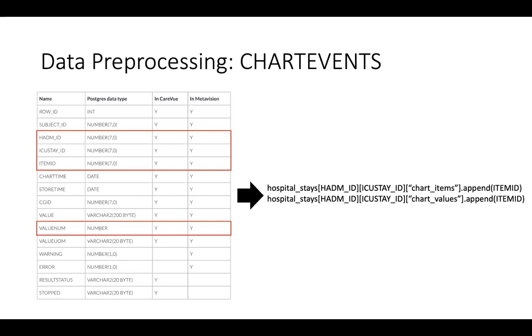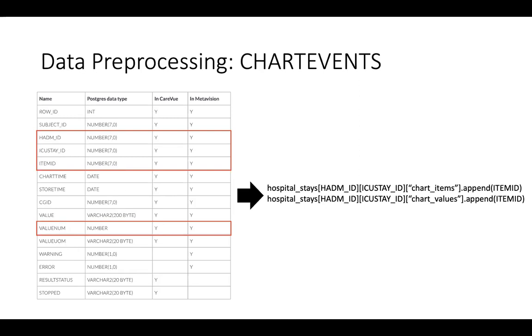So basically, that's all we need for this example. There is a lot of side information like chart time. Chart time is when this item or this feature was stored in the chart events, and there are several other things like value in string form, value in integer form, value in number form, but we're going to use value in number form. Value UOM is the unit of measurement, like milliliter or liter or deciliter, that kind of stuff.